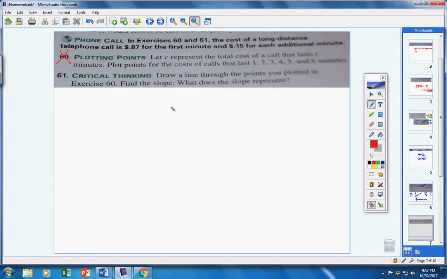First of all, understand I'm going to write an equation. I'm going to say the cost of a phone call is 87 cents for the first minute plus 15 cents. Okay? This is where it gets really confusing, so pay attention. A lot of students would put T for time here.